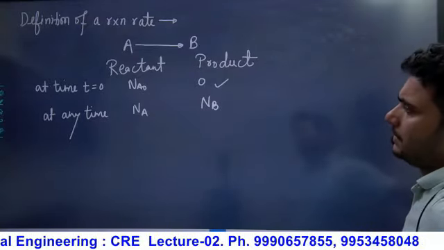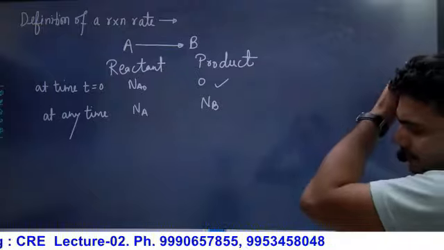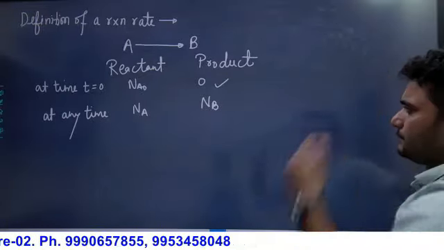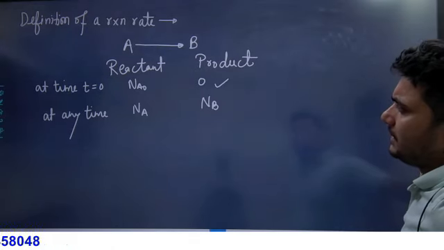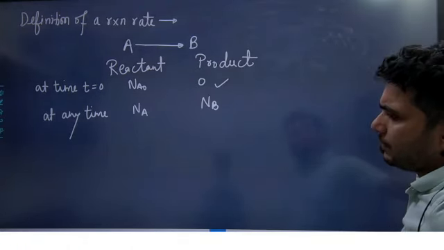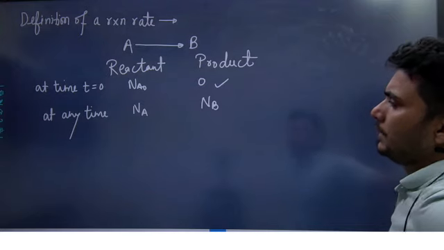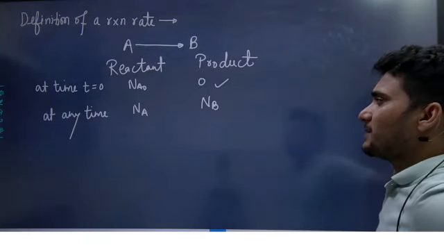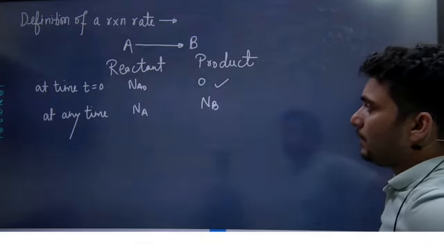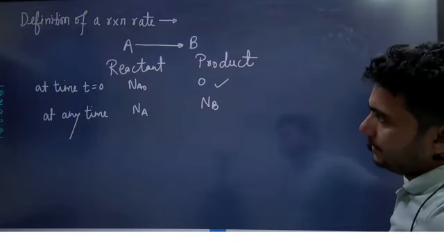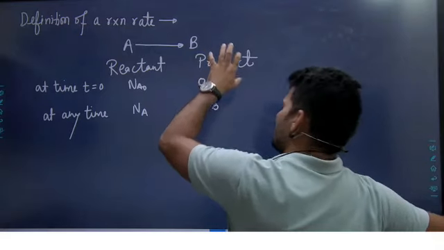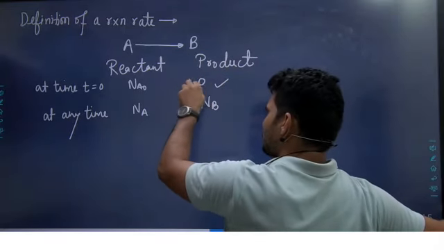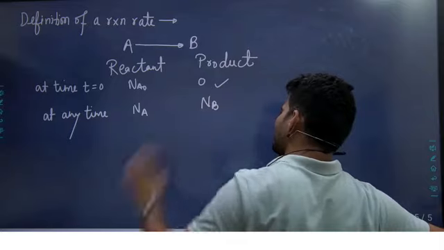Try to understand. The definition of a reaction rate means, suppose we have a reaction A gives B, reactant A is converting into product B. At time t equals 0, the reactant is pure A and the moles of A is Na0. Since it is pure, the product is not present, so the moles of B is 0.